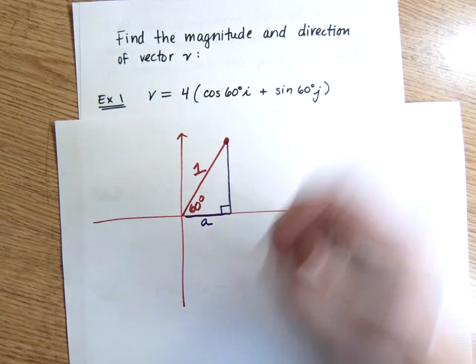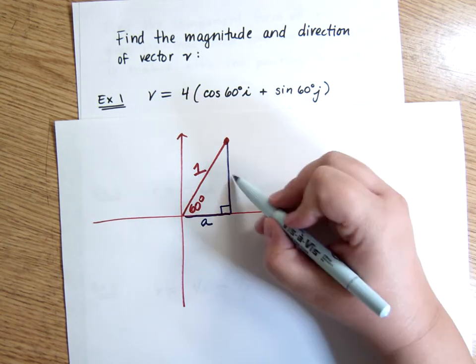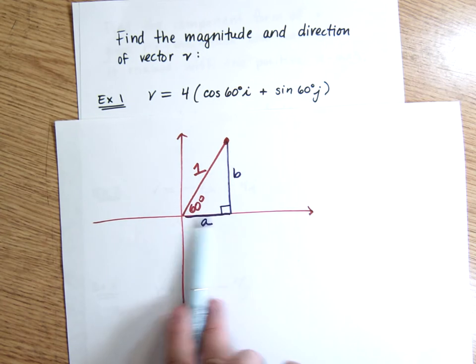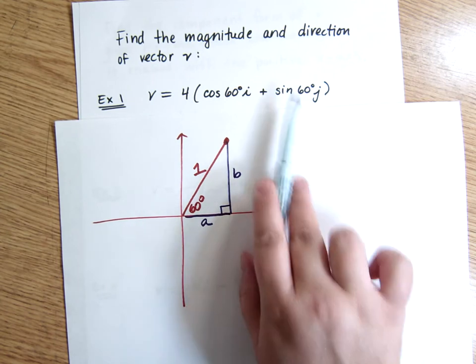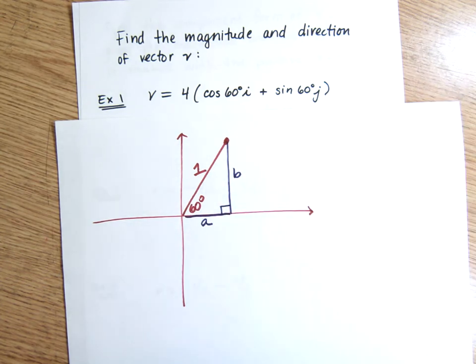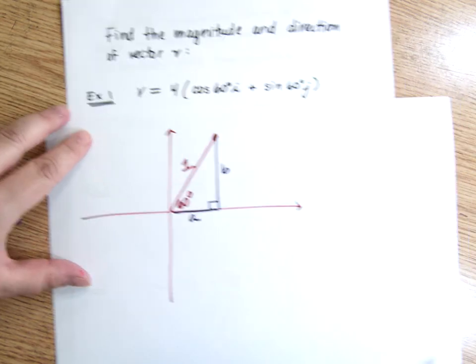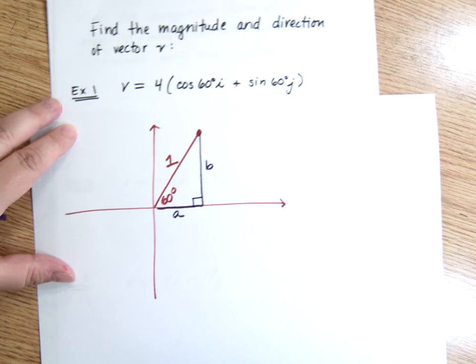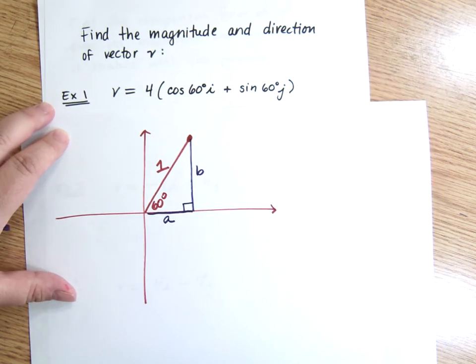And let's say I wanted to find this vertical distance, b. Because remember, that's what goes in front of i and j, the horizontal distance and the vertical distance. Horizontal component goes in front of i, vertical component goes in front of j. Well, I can use good old standard right triangle trig to figure out my a and my b.